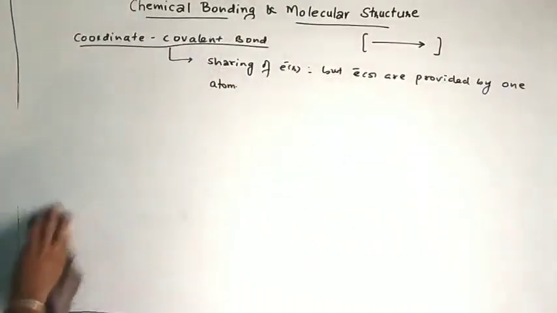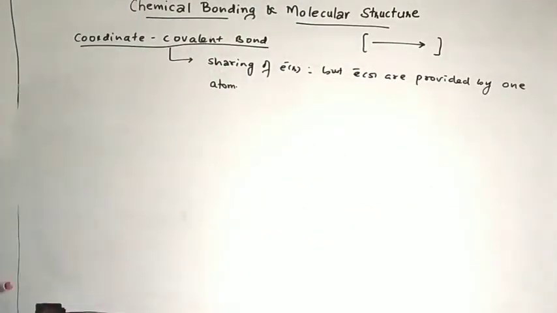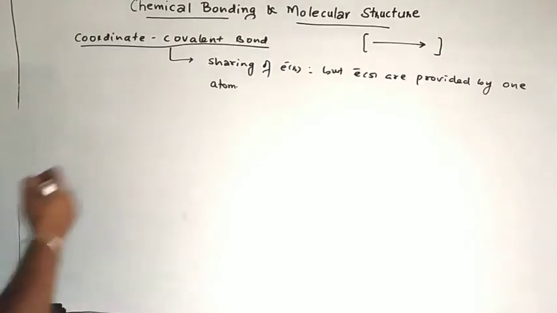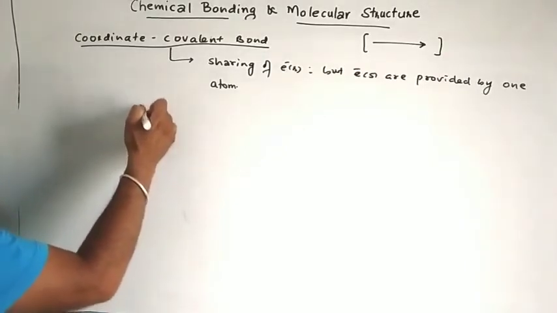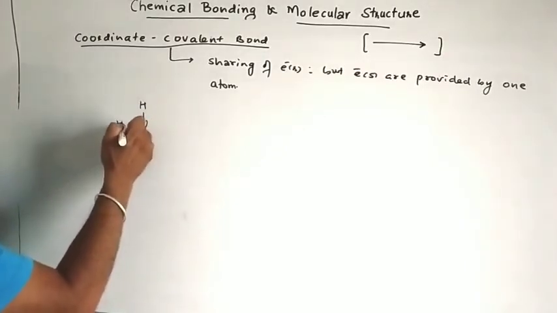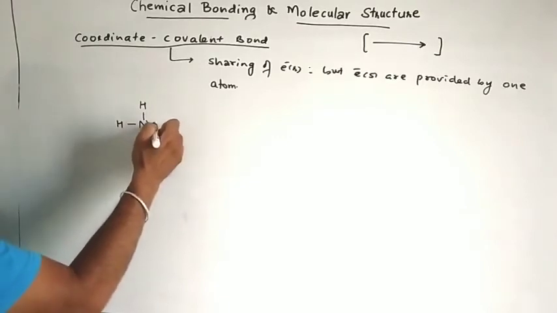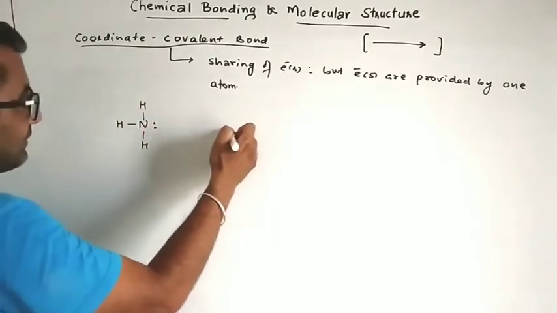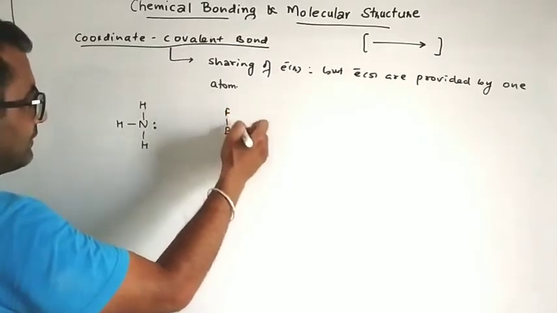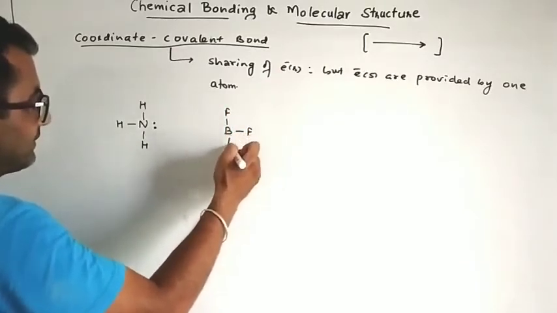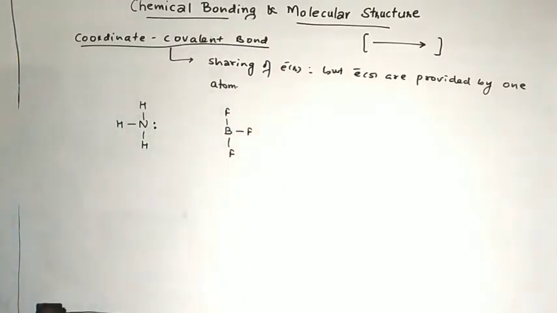Other examples, like we have ammonia and BF3. Ammonia has 8 electrons around nitrogen.